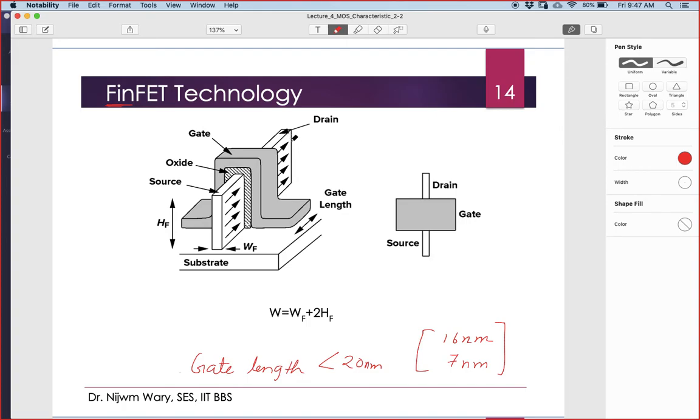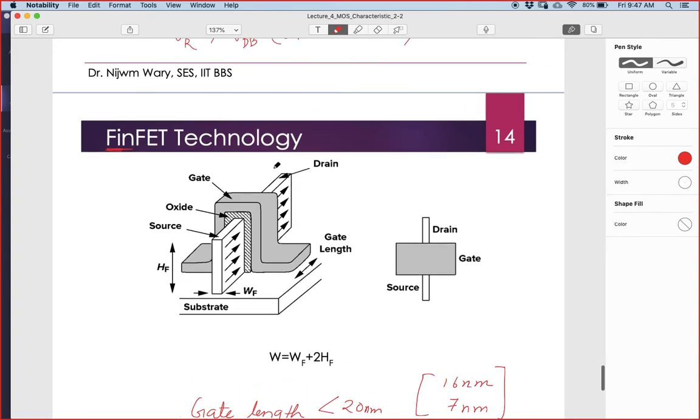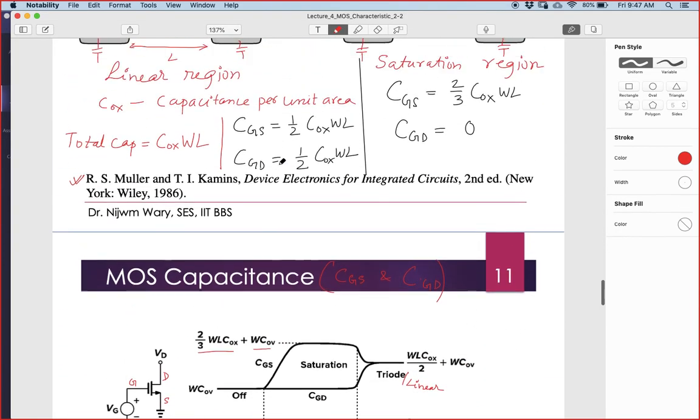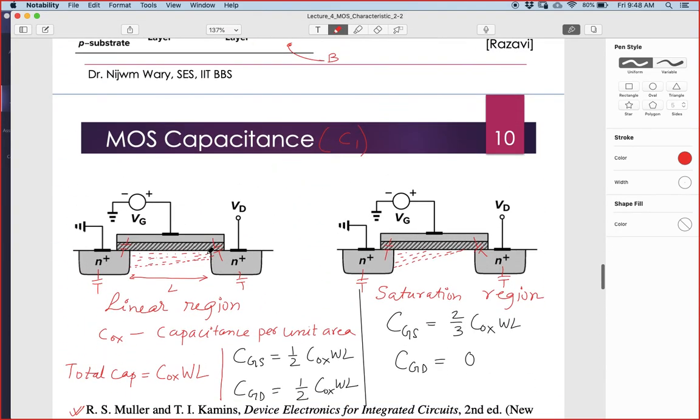So what basically is done, if we look at this MOS figure here, is they have tried to raise this bar.